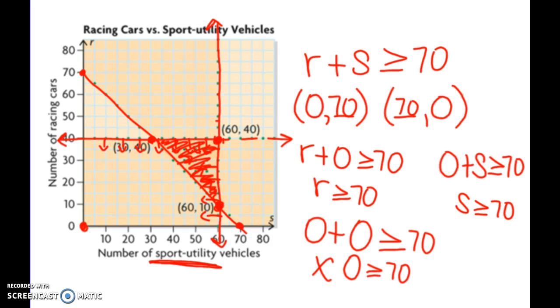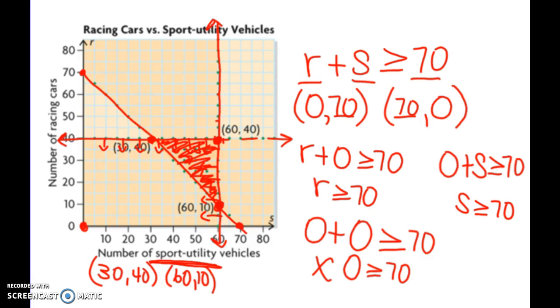Okay, and sometimes these points are easy to see and sometimes they're not. This one is 30 over and 40 up. So we have a point of 30, 40. We also have a point of 60 and 10. And if you're unsure of this point, because this one was a little bit off on mine because my line wasn't straight, you need to remember that in total, R's and S's have to be greater than or equal to 70.